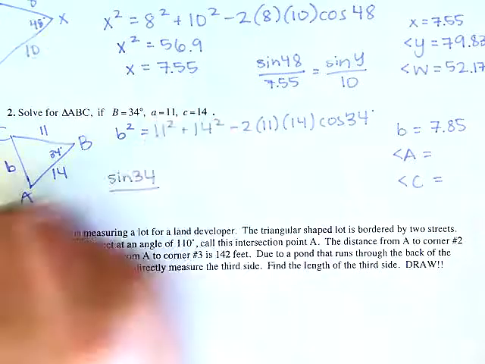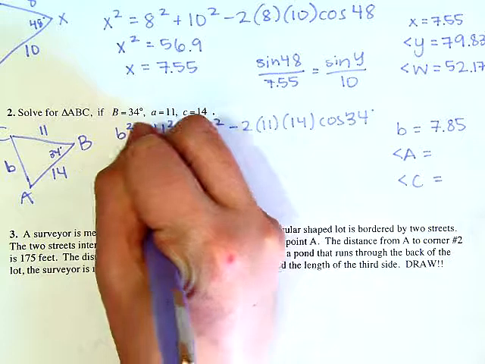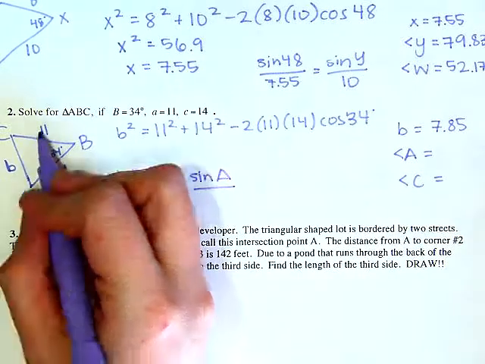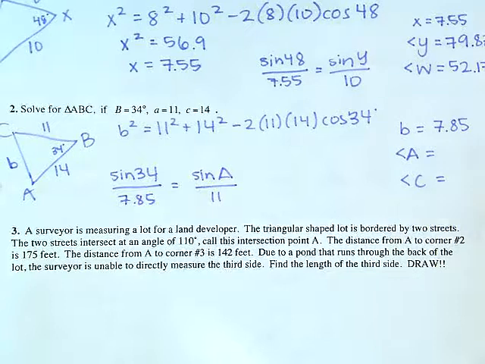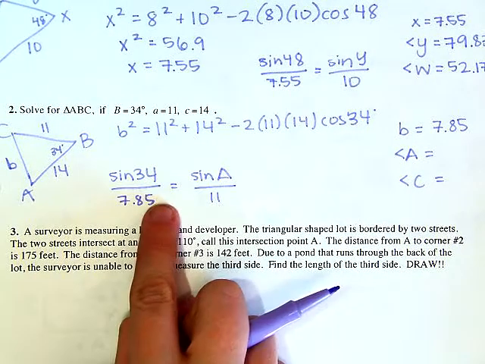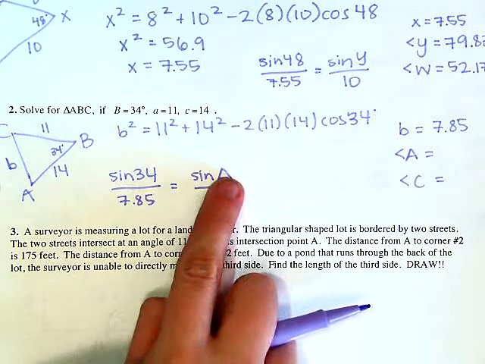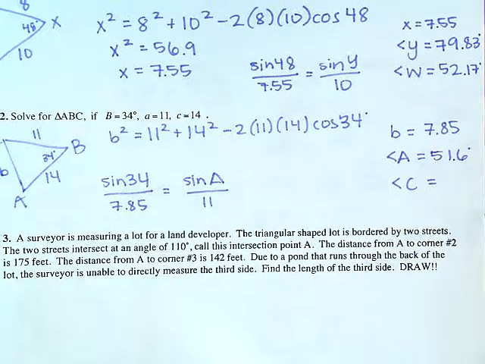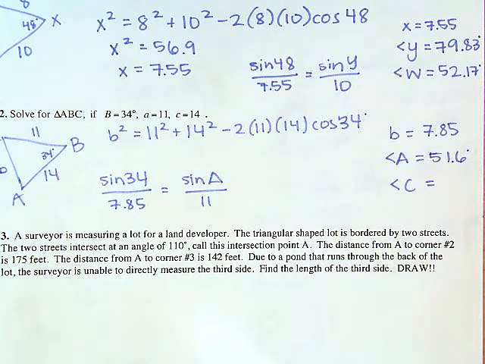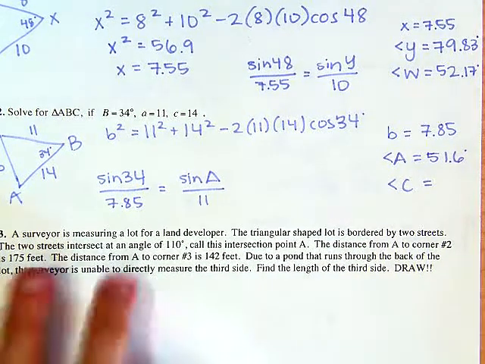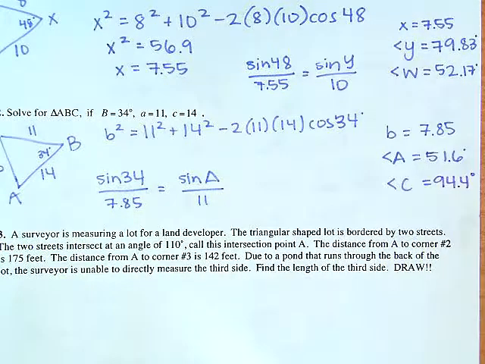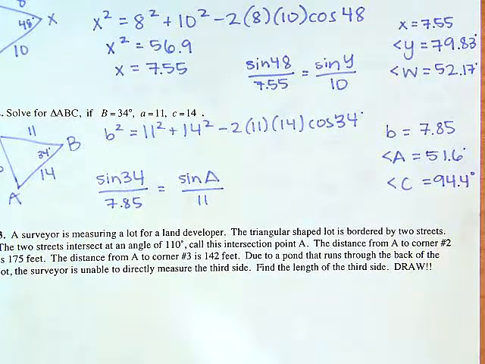Sine 34 over 7.85 equals sine A over my side A, 11. Cross multiply this, sine inverse, you get angle A is 51.6 degrees. Then once I have two angles, I can find my third one by adding them all to be 180 and get 94.4.